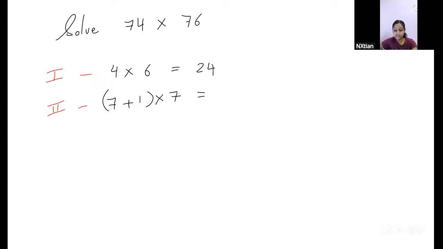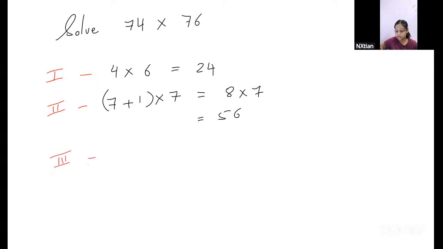You add 1 to the tens digit and multiply it with itself only. The tens digit, the leftmost number, will always be the same. So 7 plus 1 is 8, 8 into 7 is 56.